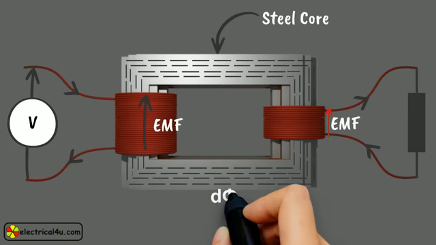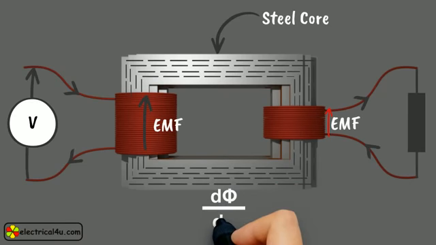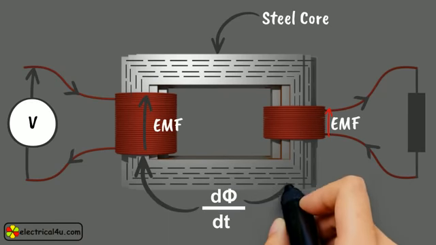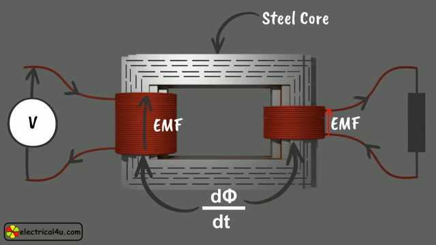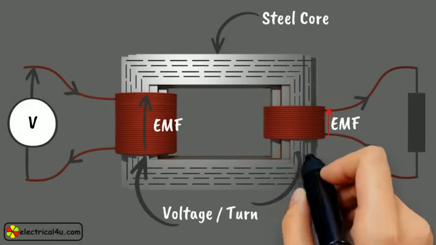As nearly the same flux links with second winding, now the rate of change of flux with respect to time is equal in both windings. Since, as per Faraday's laws of electromagnetic induction, induced EMF across a conductor is directly proportional to the rate of change of flux linkage, the voltage induced per turn in both windings will be the same.